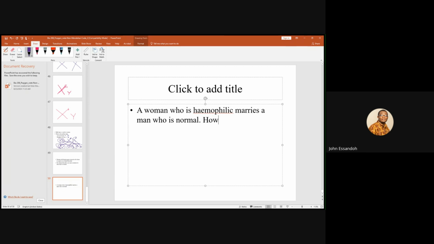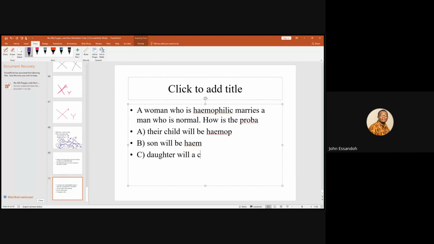What is the probability that A, their child will be hemophilic, B, a son will be hemophilic, and C, a daughter will be a carrier?